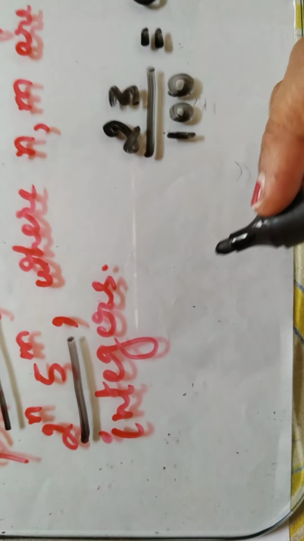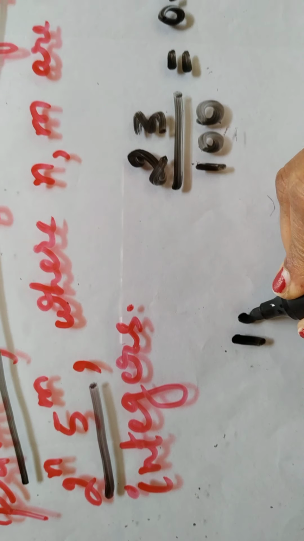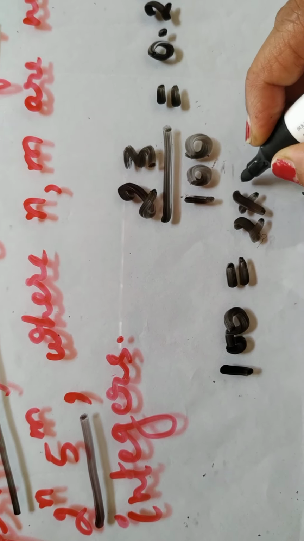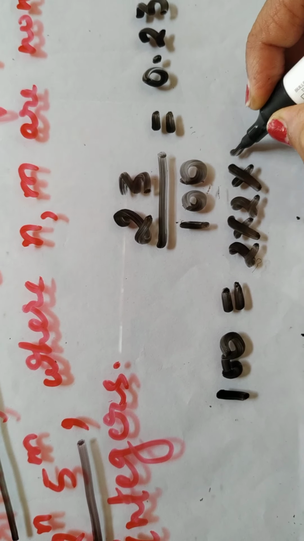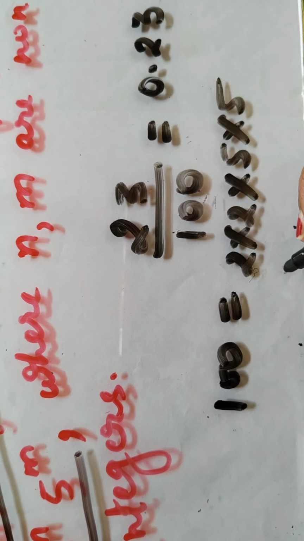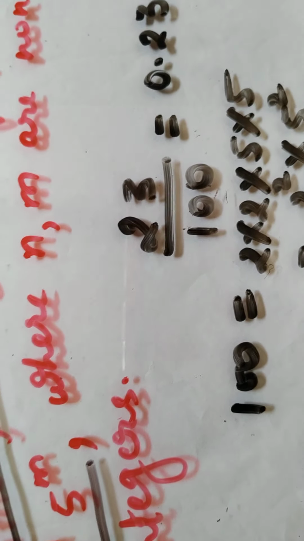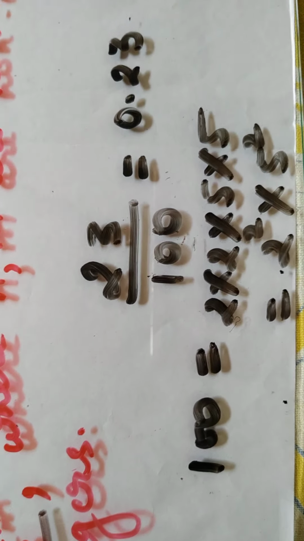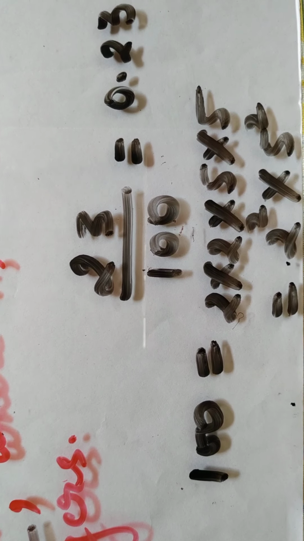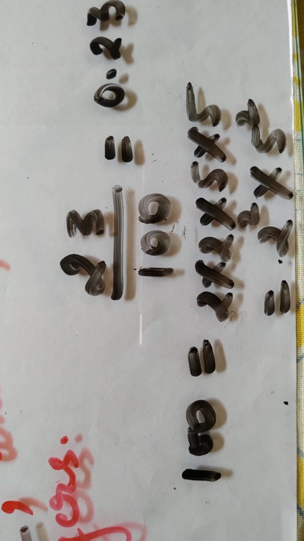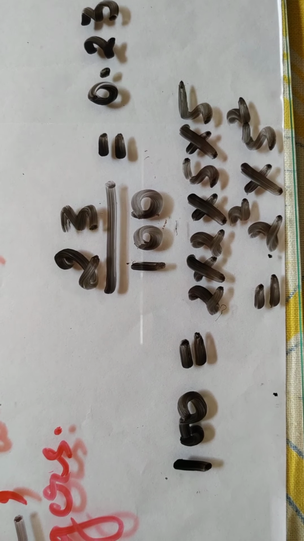Now we can write 100 is equal to 2 into 2 into 5 into 5, that means 2 to the power 2 into 5 to the power 2. So we can write 100 is equal to 2 to the power 2 into 5 to the power 2, where n is equal to 2 and m is equal to 2.